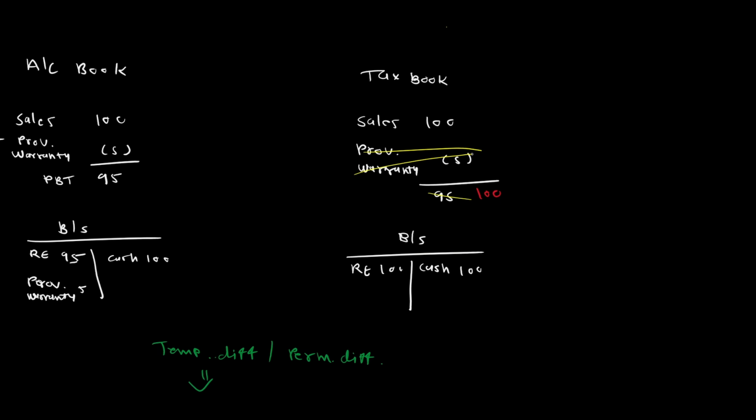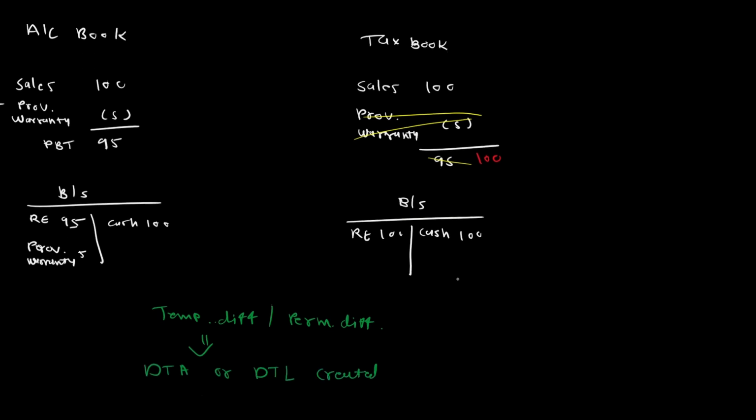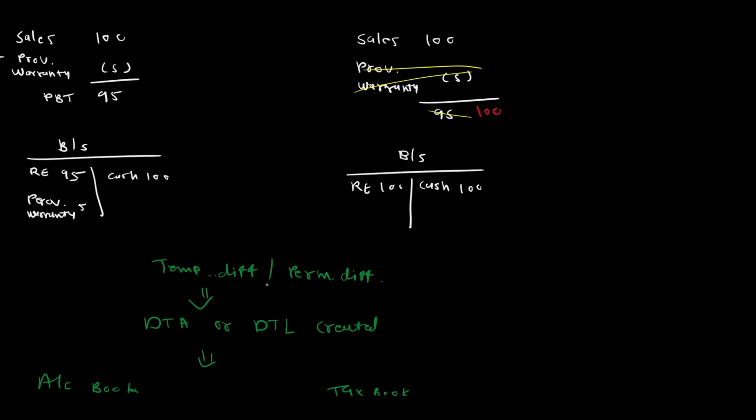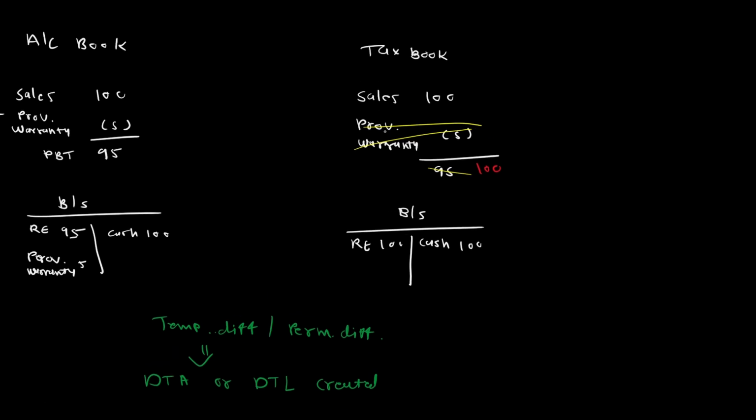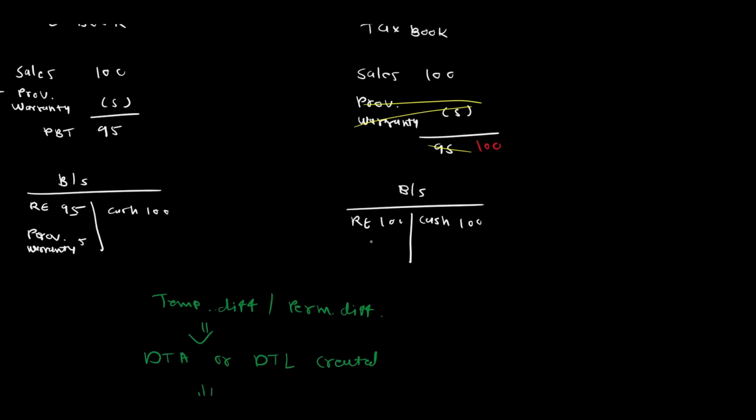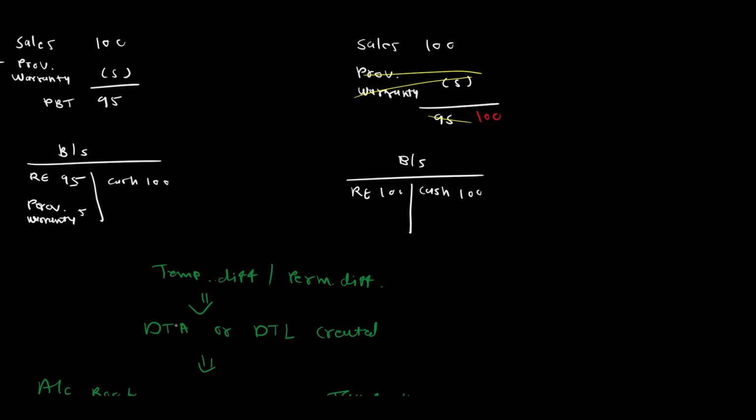So in the tax book I need to show the 100 rupees only. I can't show the provisional liability in the tax books. So my retained earnings will be 100 and cash will be 100. That will create the temporary difference. When I pay the provisional liability, this will reverse my DTA.